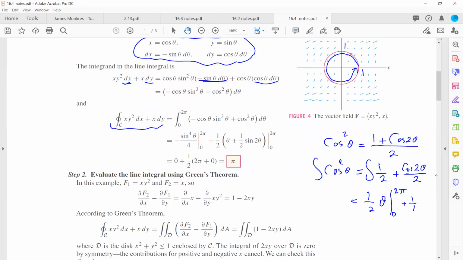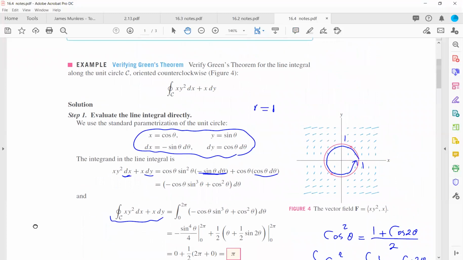If you factor out a half, you get theta plus a half sine 2 theta, then you substitute 2 pi. Don't worry about 0, sine of 0 is just 0. So after substituting 2 pi, the outcome is just pi. This is just calculating the line integral without using Green's theorem.